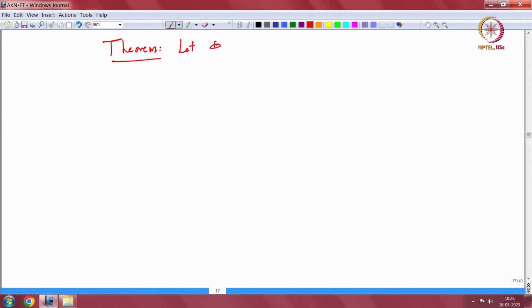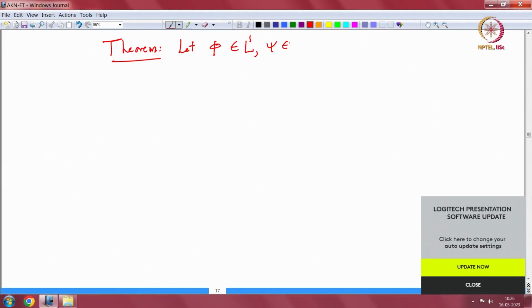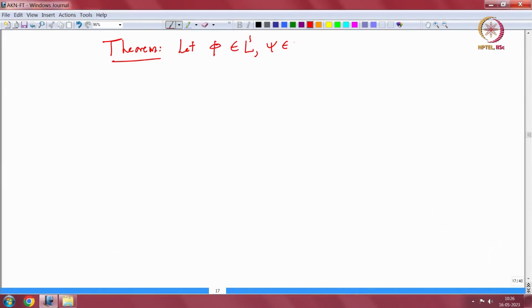Let phi be in L1 of Rn and psi be in Lp, with 1 less than or equal to p less than or equal to infinity. The p equal to infinity case we have already seen and it is easy.